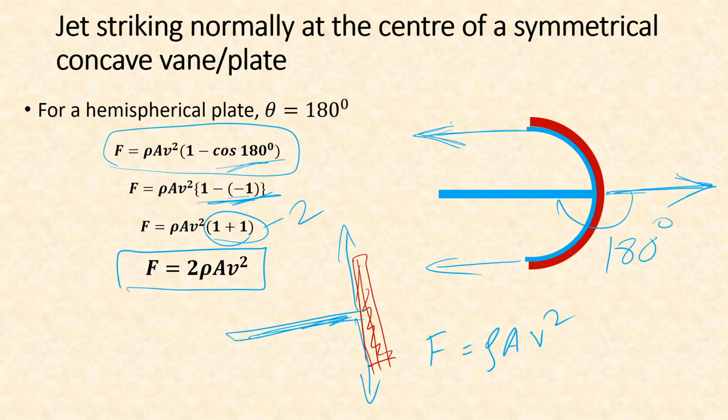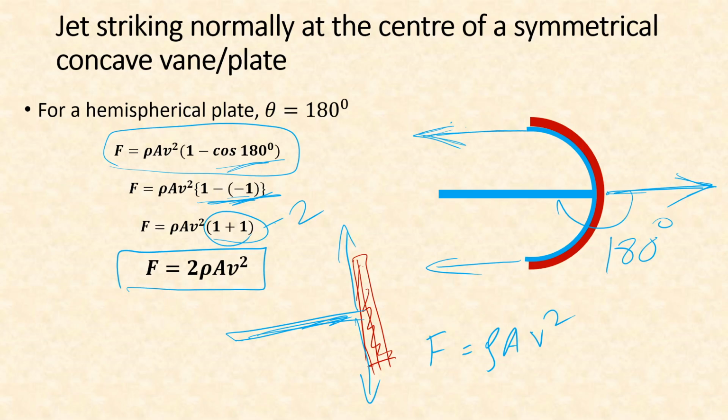But when we deflect the jet by 180 degrees, we are doubling the force acting on the plate. So if we want to utilize the force of a jet, we would want to use this kind of hemispherical plate which diverts the fluid by 180 degrees.